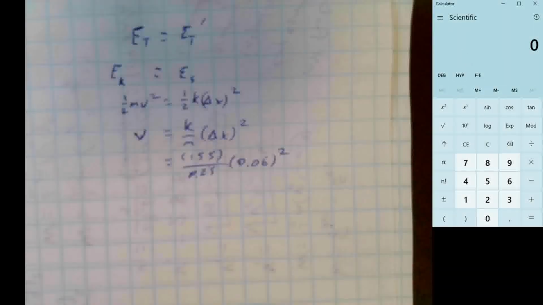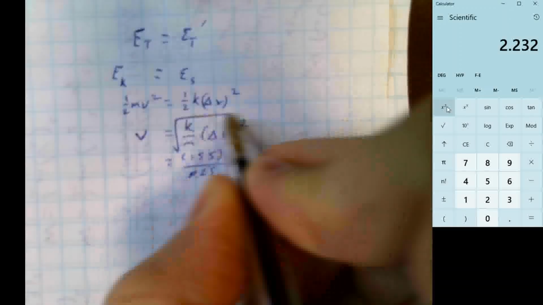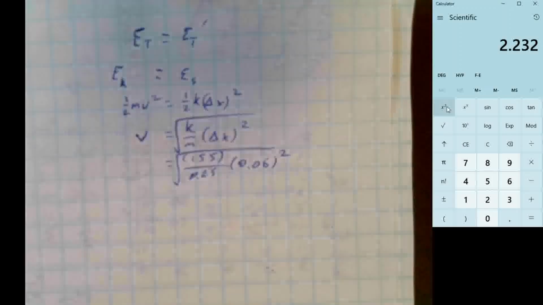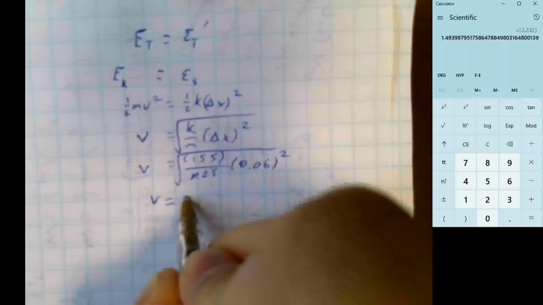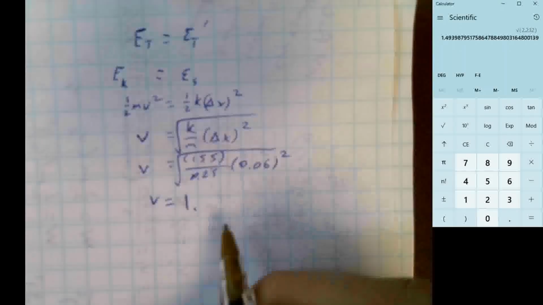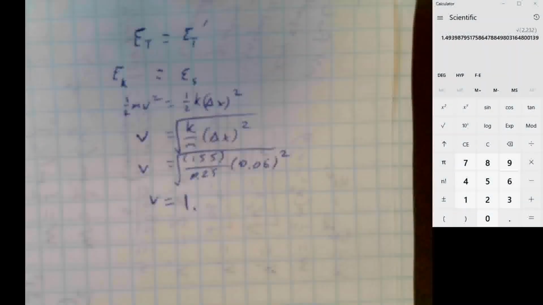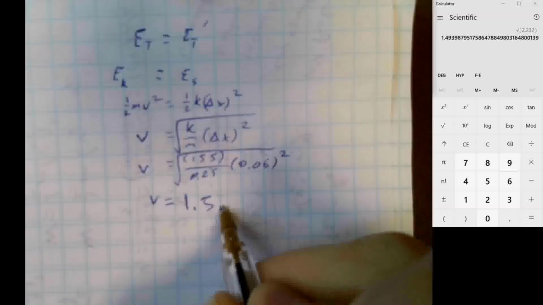So this can then be calculated as 155 divided by 0.25 times 0.06 squared. Gets us to 2.23. Sorry, with the square root of this. And then we would find the square root of that. And we could write for the significant digits, which, going back to the question, it would be limited to 2. So that's 1.5 meters per second.